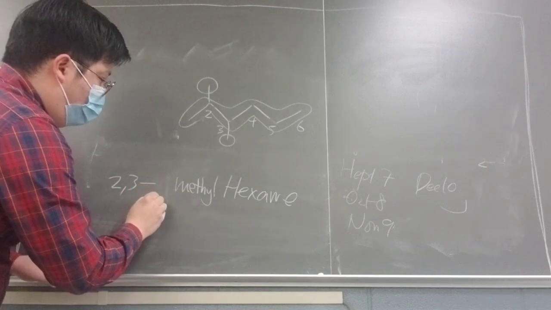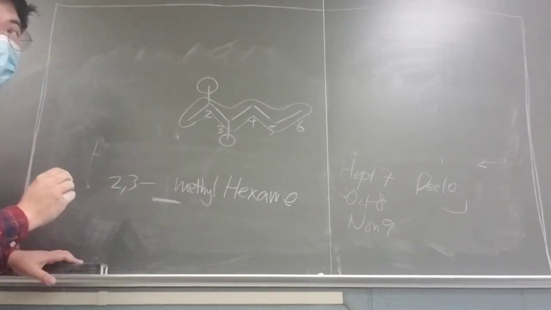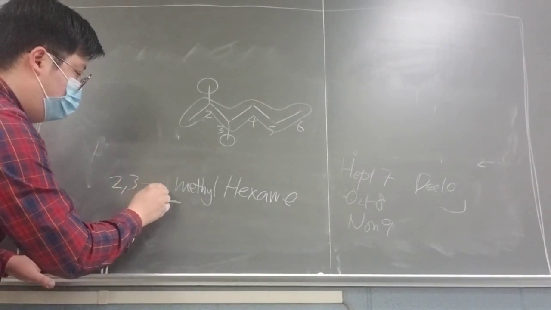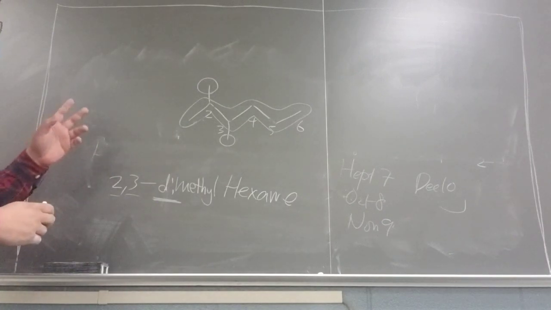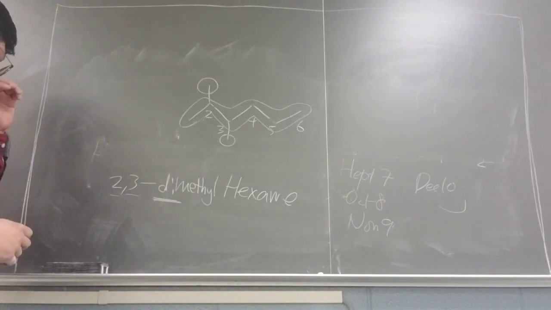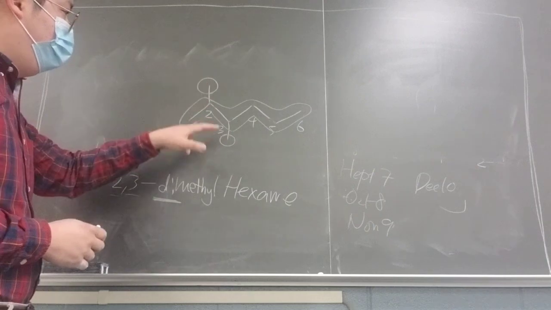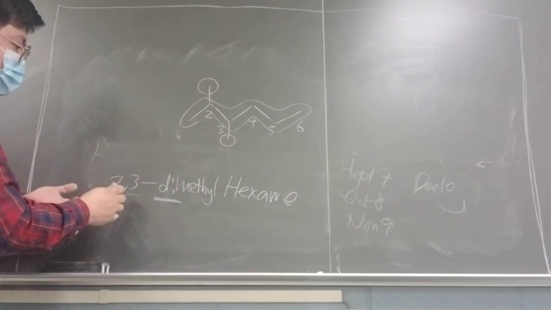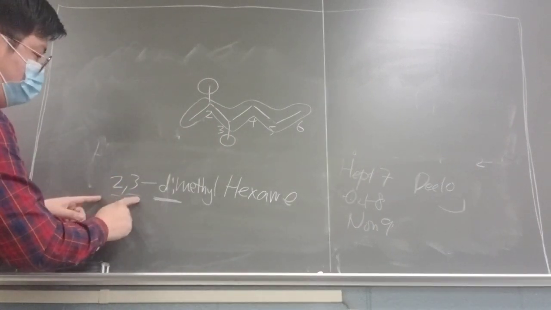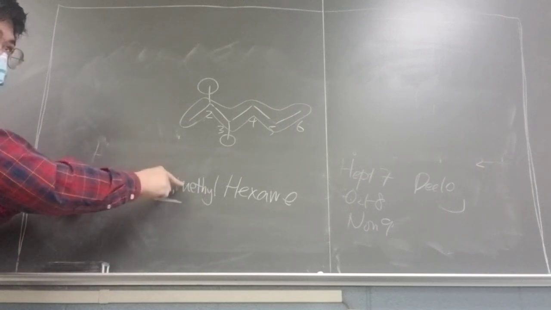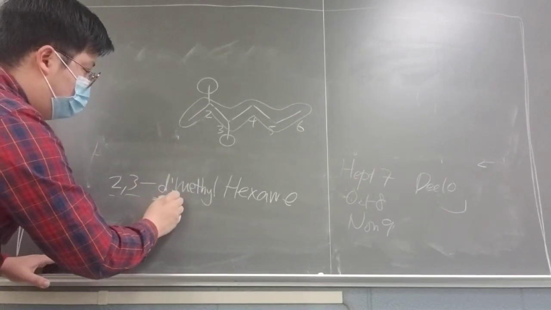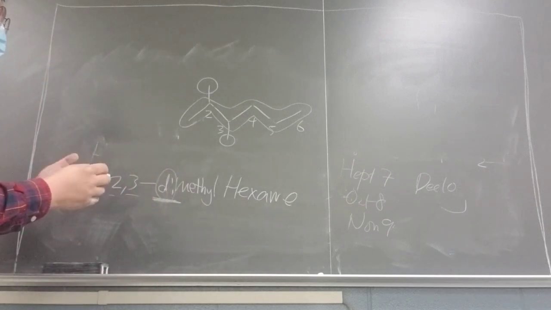And there's only one more thing I want you to know. That is, you have to put di. Di means 2. That's why you have 2 numbers for the locants, because there are 2 additional groups attached to it. So you can say 2, 3, that is for each methyl group, but also di means 2.